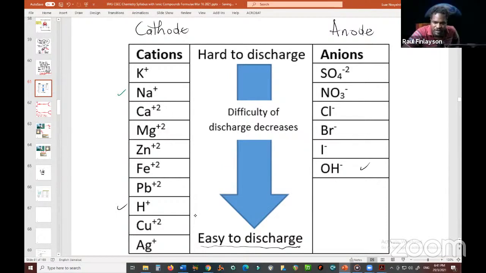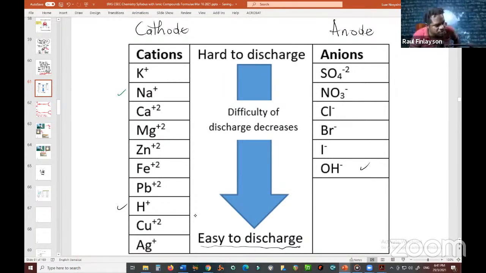Both of these cations would be in the solution, but only one of them can be liberated. Turns out that it's hydrogen because hydrogen is lower in this rank, and therefore it basically has to come off. So less energy is required, guys. That's what they're saying here. This arrow is showing easy to discharge. So hydrogen is much easier to discharge than sodium.